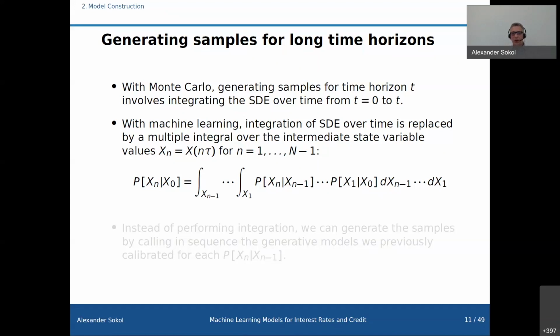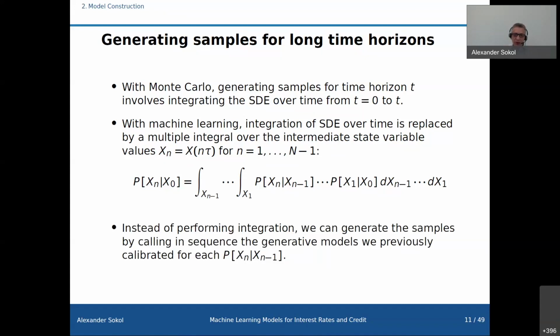You will be essentially making a round trip from finite horizons where you have calibration data to infinitesimal horizon and then back to finite. With a stochastic differential equation, you have to. With machine learning, you don't. In fact, if you're interested only in one horizon, just calibrate to this horizon, right? If you're interested in, let's say, cash flows which are semi-annual, we calibrate semi-annual, right? So that's actually an advantage.